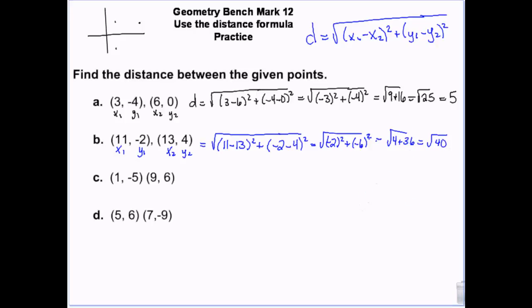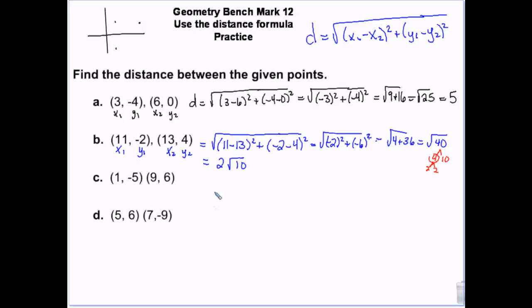Now 40 is 4 times 10, and I know that 4 is a perfect square. It's 2 times 2. So that perfect square can come out. So this is 2 times the square root of 10.